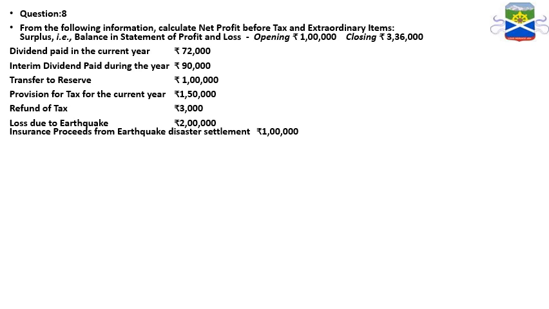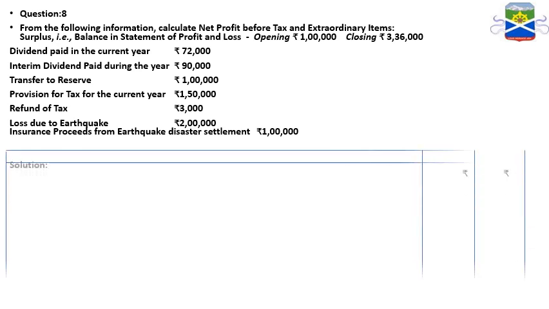Surplus is given over here, opening and closing, dividend paid during the year, interim dividend paid, transfer to reserve. Now provision for tax, refund of tax, loss due to earthquake, that is our loss, an extraordinary item. Now insurance proceeds received from earthquake disaster, that is the receipt part, 1 lakh we have received.